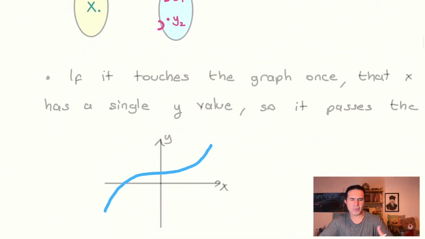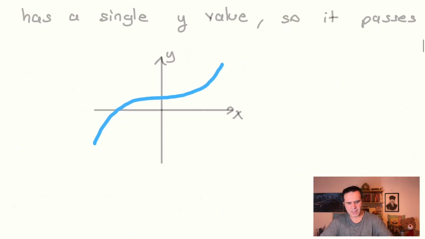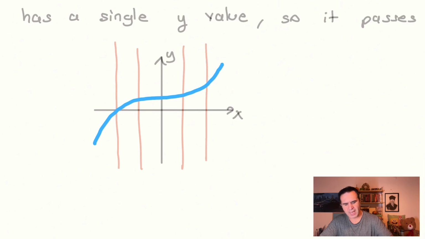When we use the vertical line test, if the line touches the graph once, that x value has a single y value, so it passes the test. Here, if you draw vertical lines, every vertical line passes the test because they touch the graph only once. So this graph is a function.